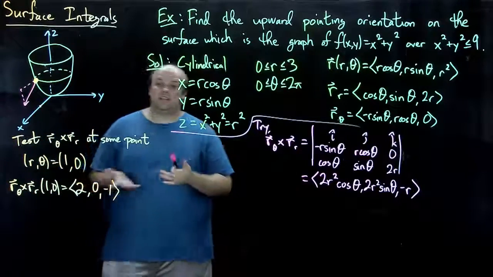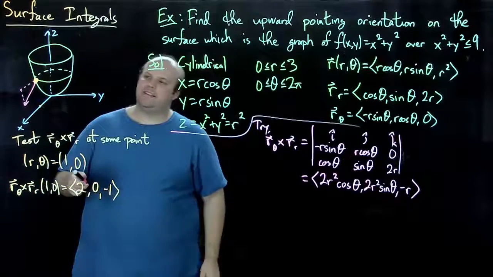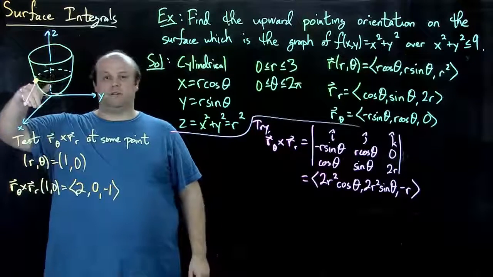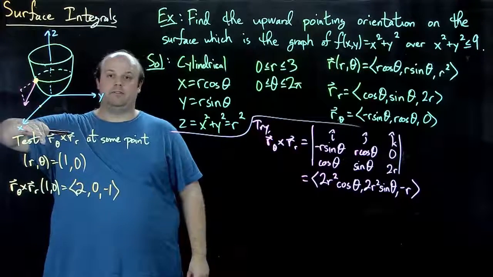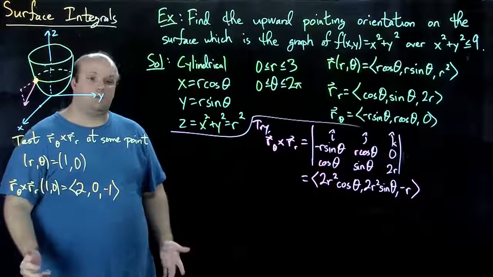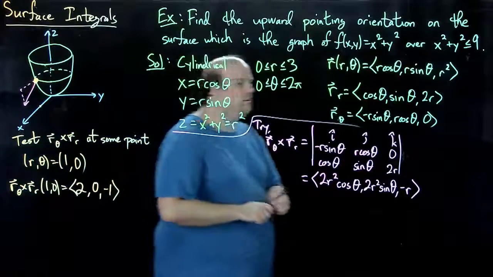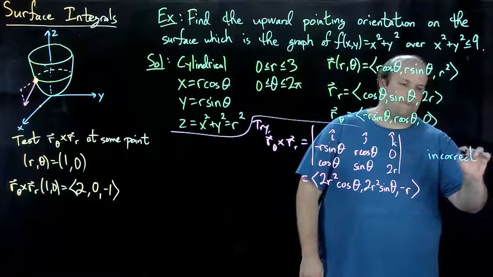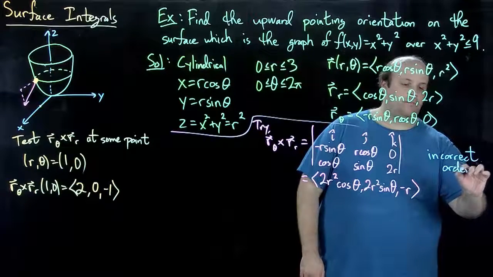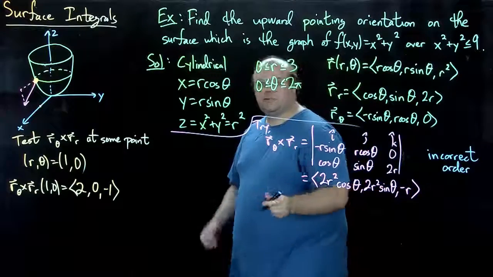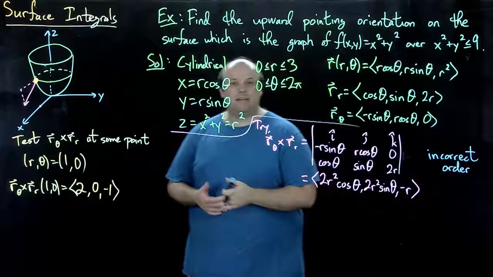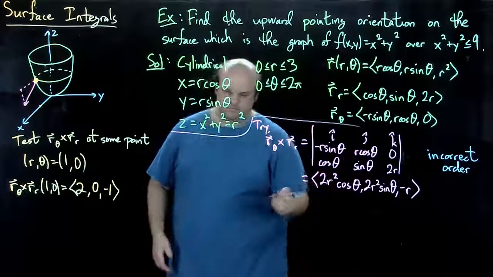All right? So we can see from there that it's actually pointing outward from, or downward from the paraboloid. Right? So this is not the one we wanted. Okay? So this is the incorrect one. But that just means we wanted r_r cross r_theta, and we fix that by just putting a minus.